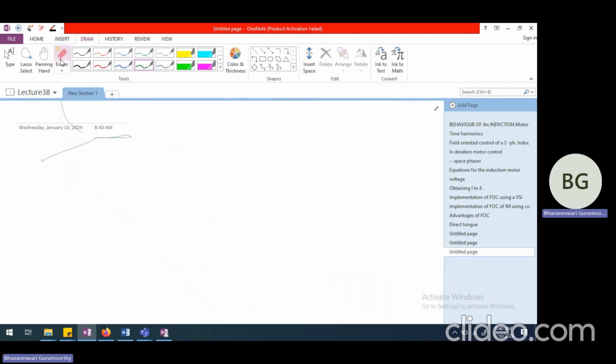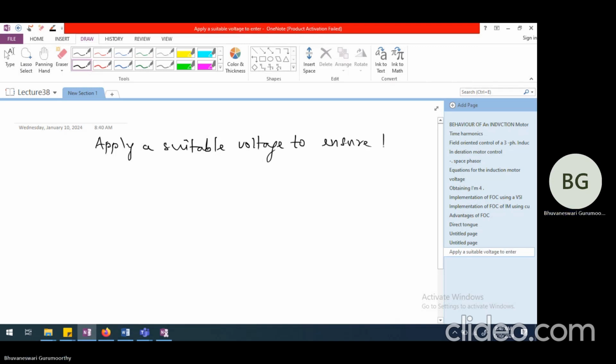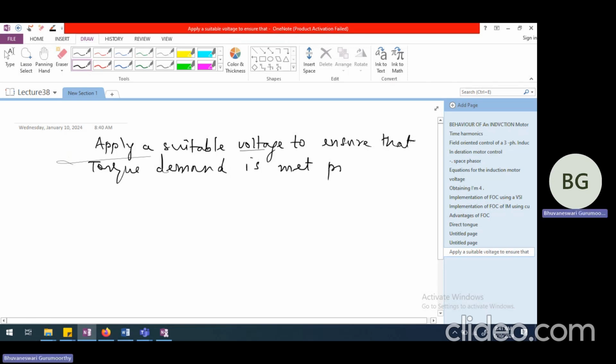As I just told you, we are looking at applying a suitable voltage to ensure that the torque demand is met properly. This is the crux of direct torque control.